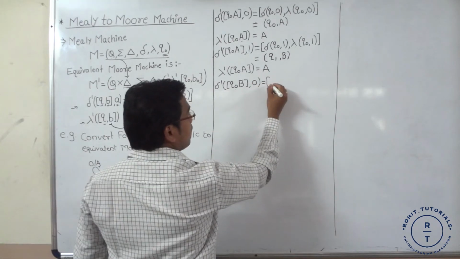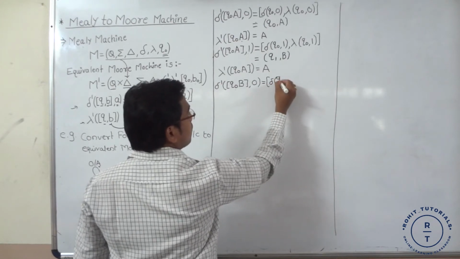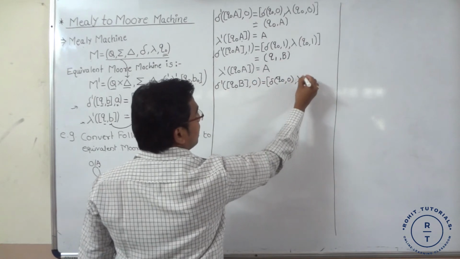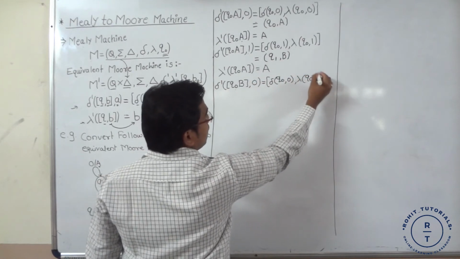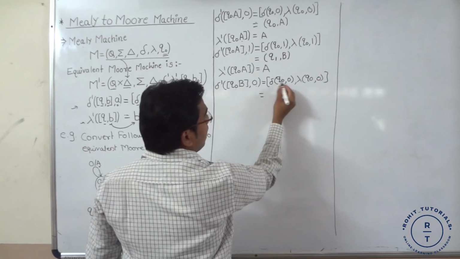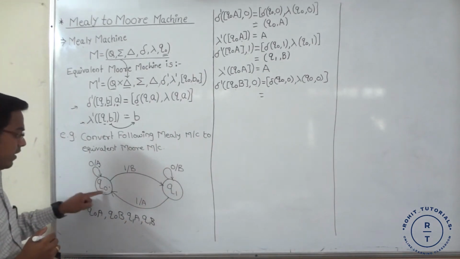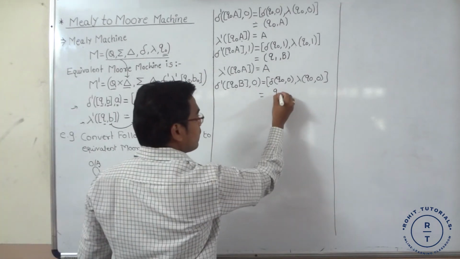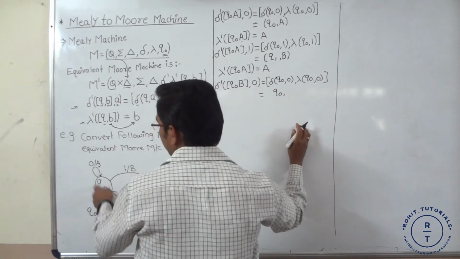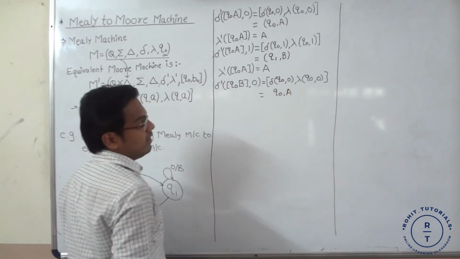Same formula, transition function, here Q0, input symbol is 0, comma lambda Q0 input symbol is 0. Transition Q0 state 0 is occur, it goes to Q0, comma output function Q0 state 0 is occur, output is A.